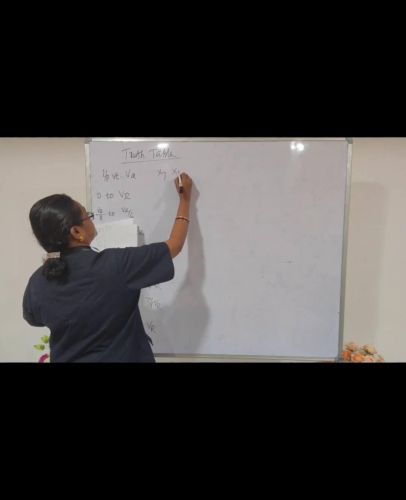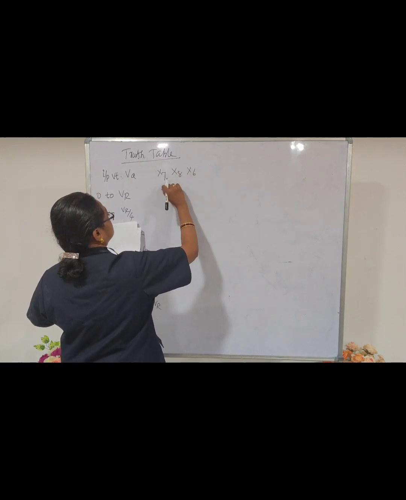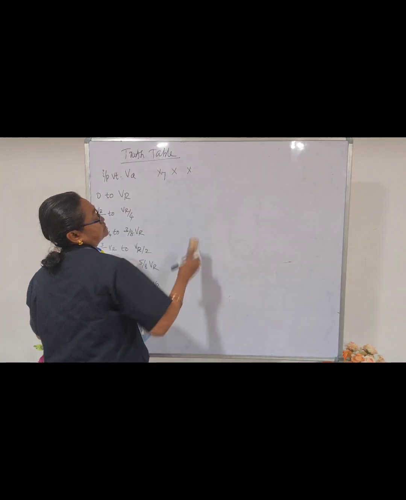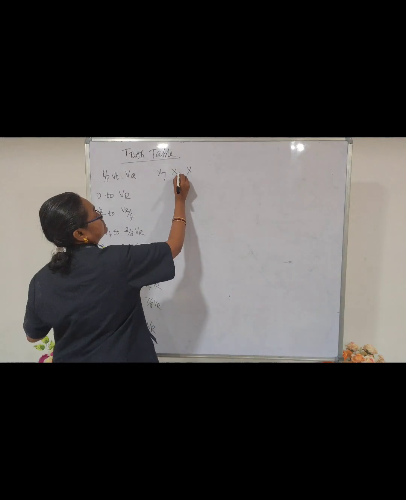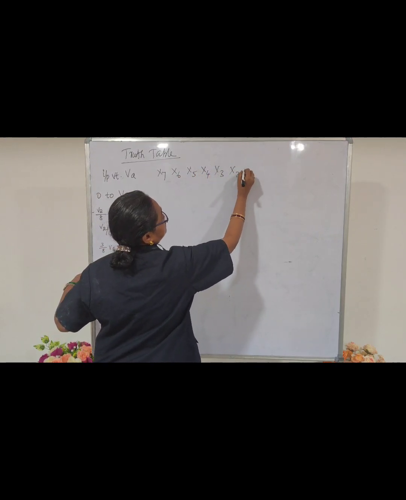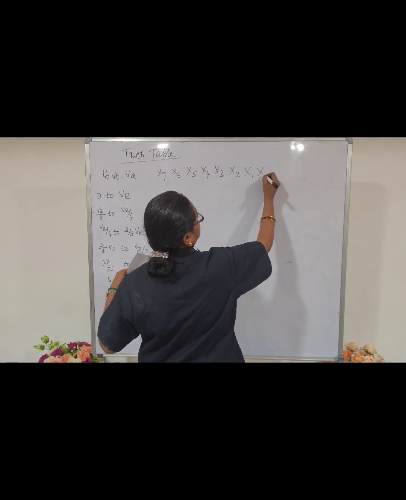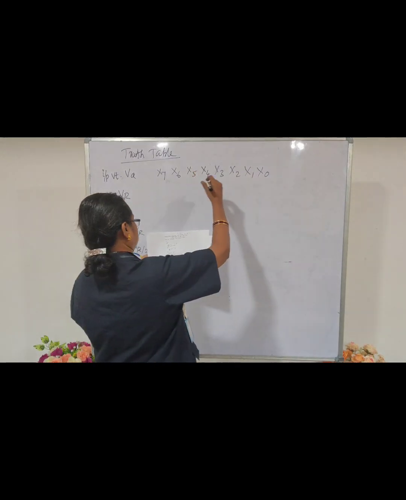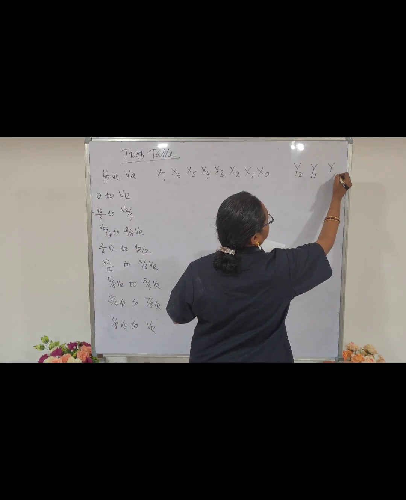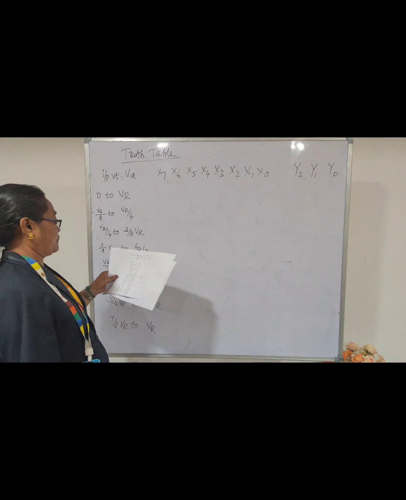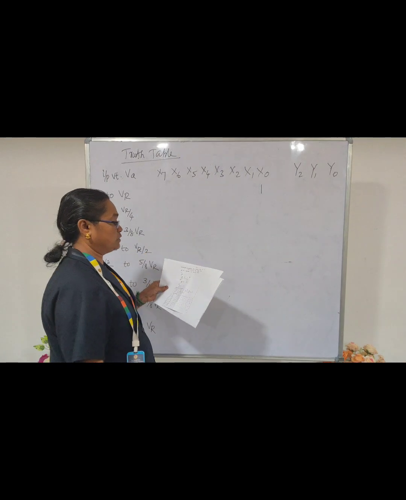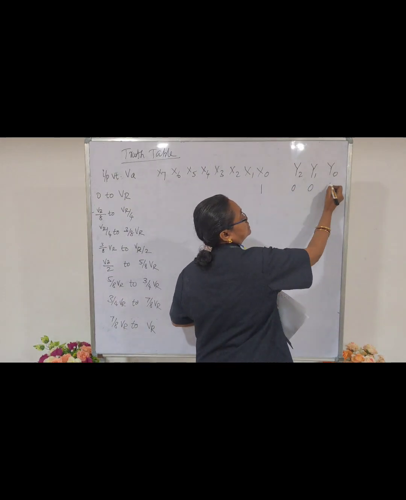X7, X6, 5, 4, 3, 2, 1, 0. So there are 8 inputs and 3 outputs, the digital output. When the first bit X0 is 1, your output should be 0 0 0.